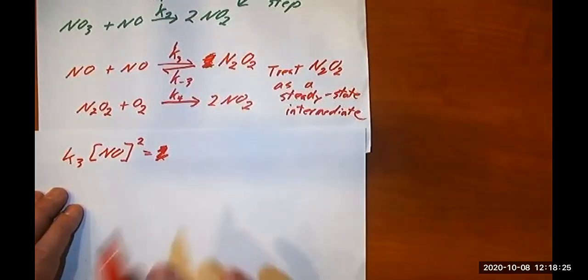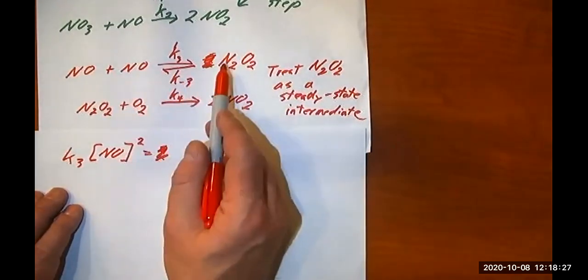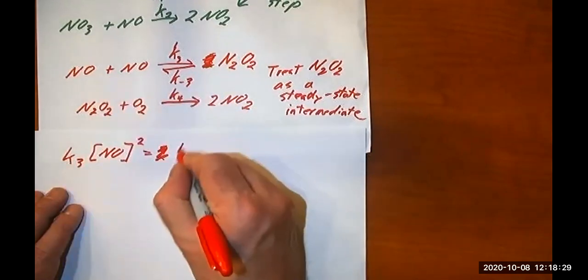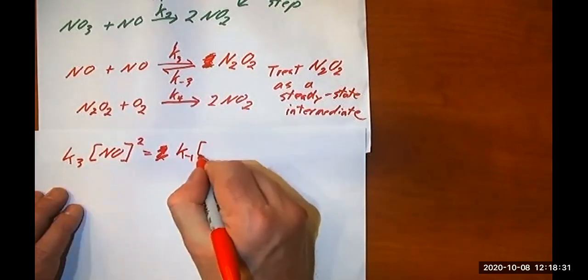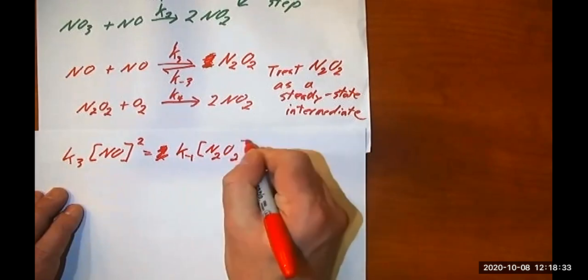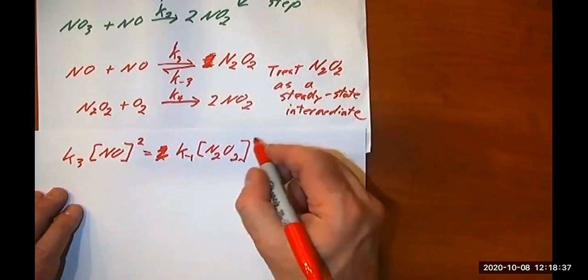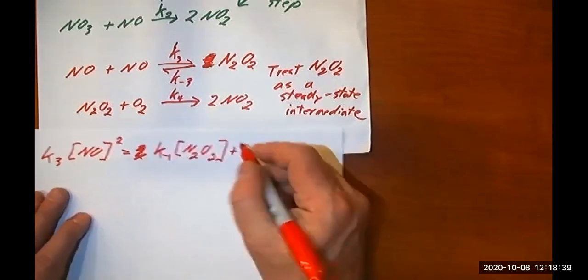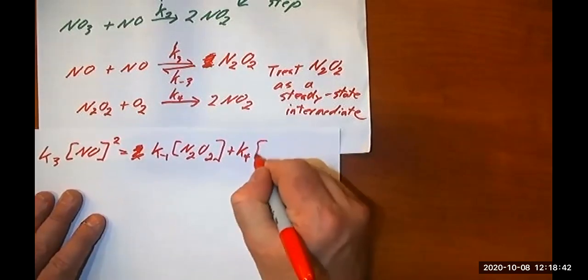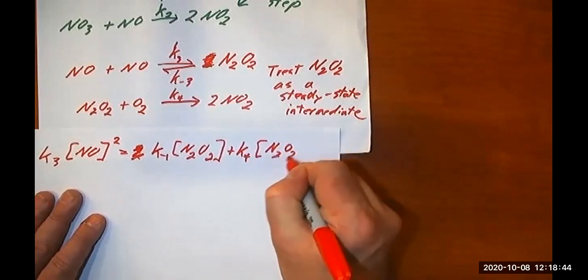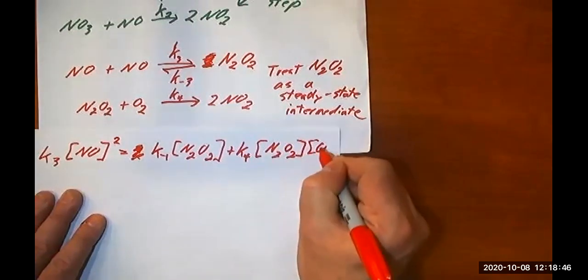Okay. Now, our rate of destruction, we have the k minus 3 step, so k minus 3 concentration N2O2. We also can have it destroyed by the k4 step, so plus k4 concentration of N2O2, concentration of O2.